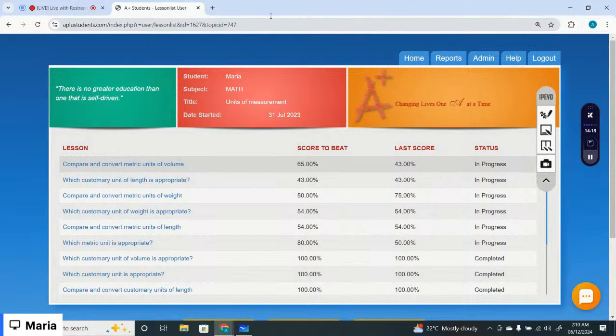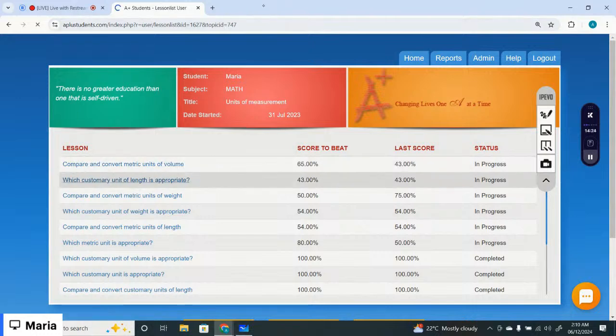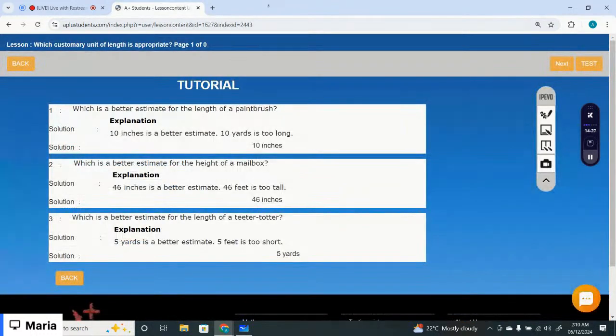The next lesson is which customary unit of length is appropriate. Which is a better estimate for the length of a paintbrush?